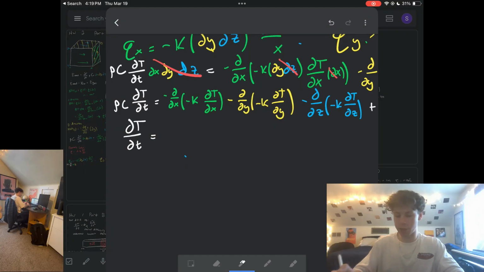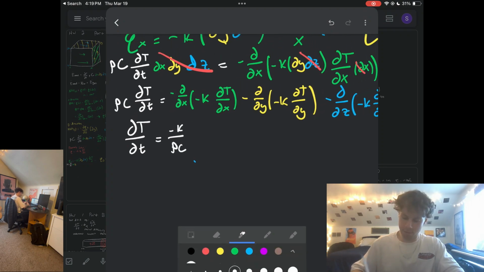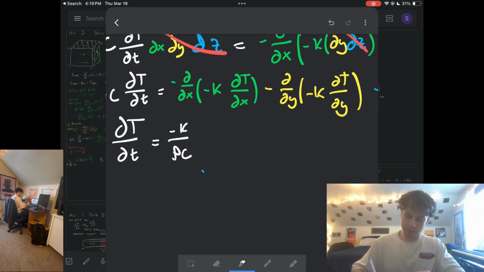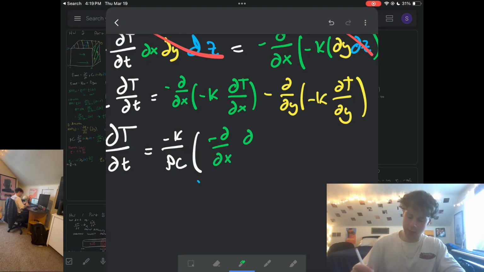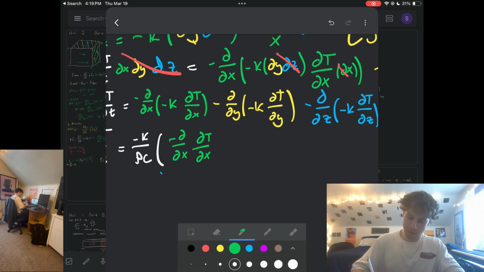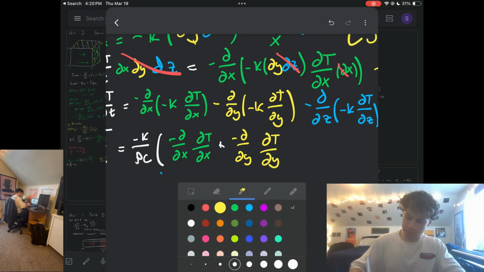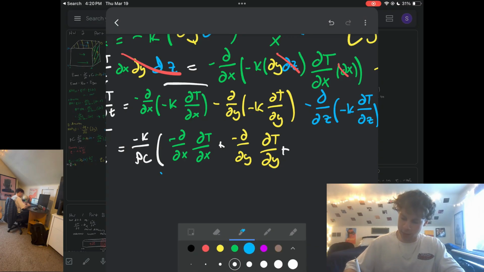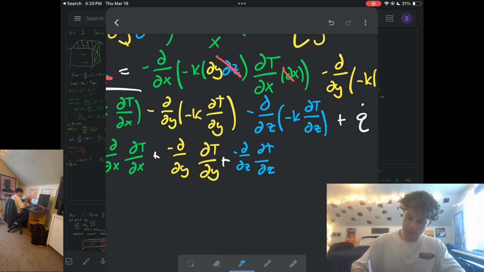So, we'll just say our negative thermal conductivity over rho c, times negative d over dx of dT dx, plus negative d over dy of dT dy, plus negative d over dz of dT dz, and that all plus our heat flow divided by rho c.